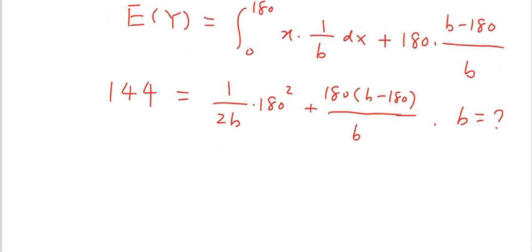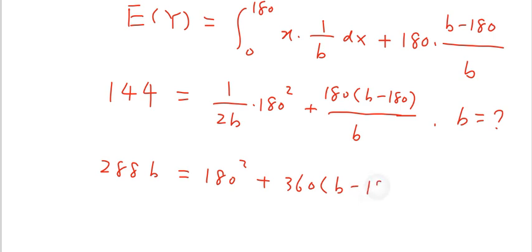Let's multiply by 2b. So 288b equals 180 squared plus, multiplying by 2b, 360 times (b minus 180).